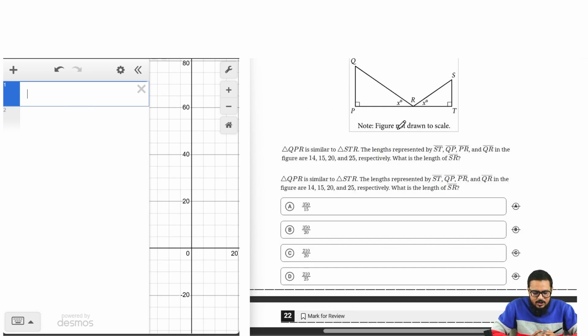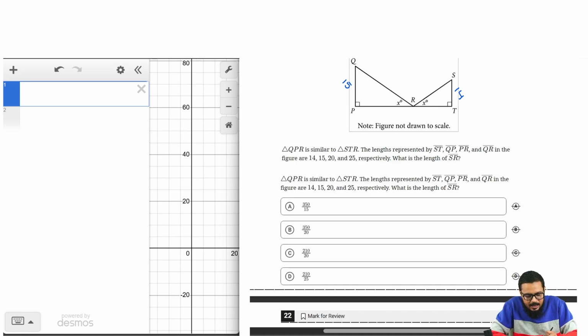The question says that triangle QPR is similar to triangle STR, and some of the lengths are given. Starting with ST, that's given as 14, so I'm going to put 14 here. Then QP is given as 15, so I'm going to put 15 here. PR and QR are already given. PR is 20, and QR is 25.